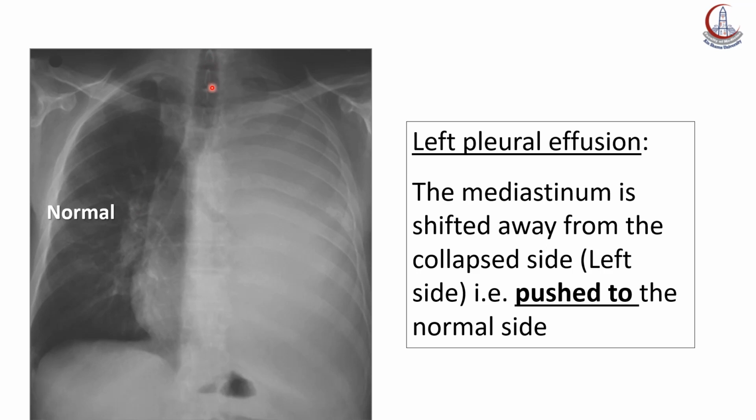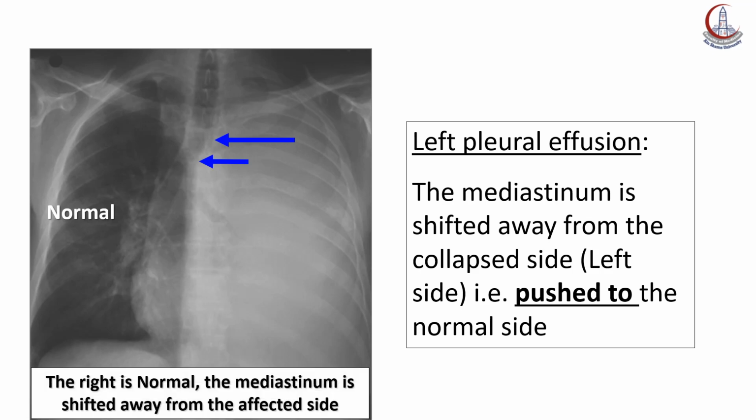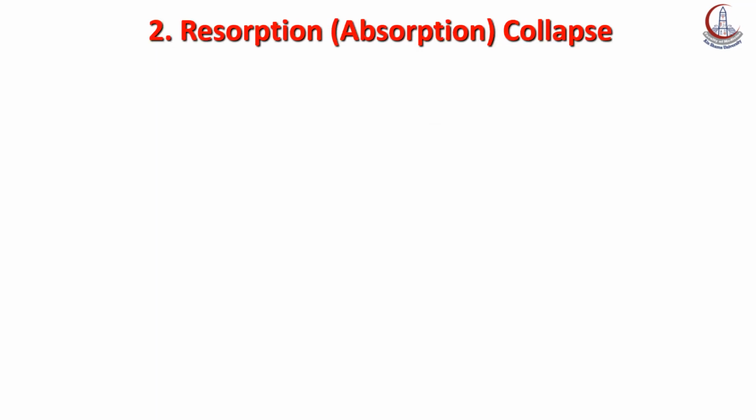The shadow of air inside the trachea and the bronchi identifies the position of the mediastinum, which is shifted to the normal side. So this is an example of left pleural effusion. The mediastinum here is shifted away from the collapsed left lung and pushed to the normal right lung. This is the mediastinum. So this is the example of compression collapse.